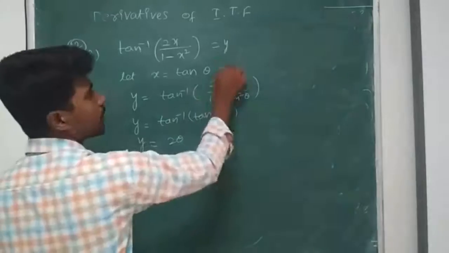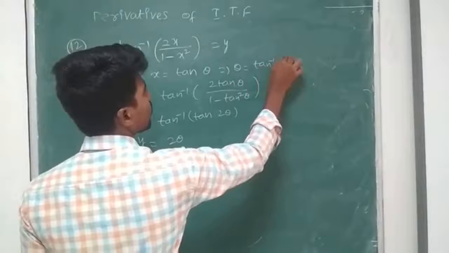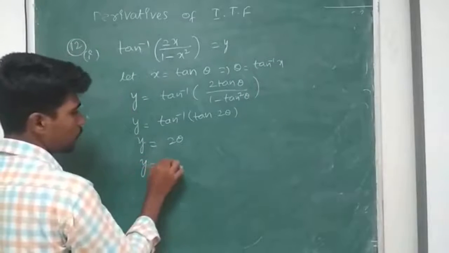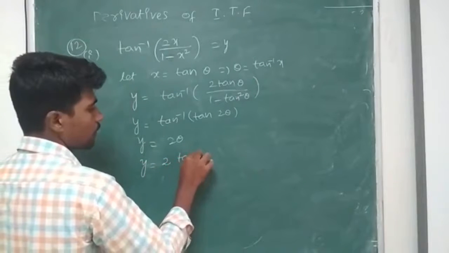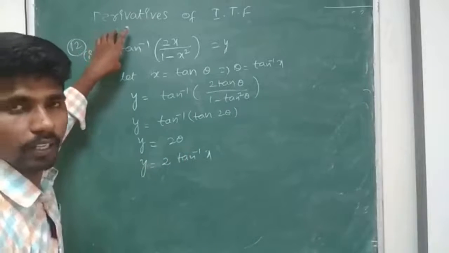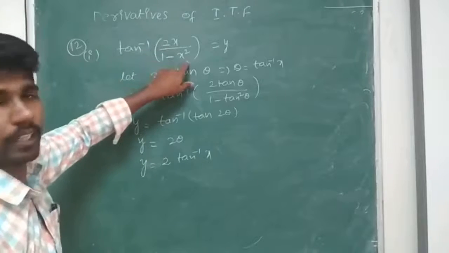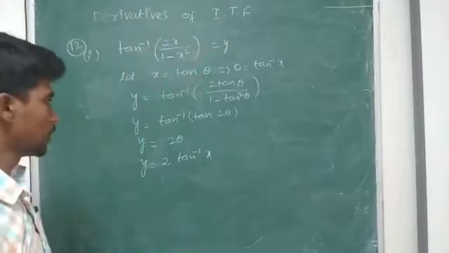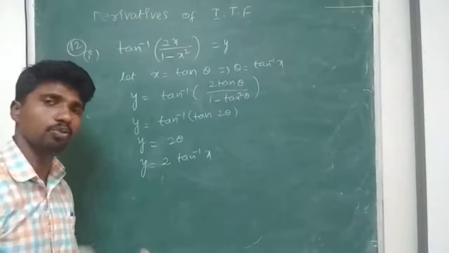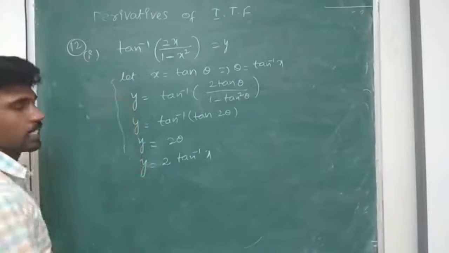What is theta from this? Theta is equal to tan inverse of x. So y is equal to 2 into tan inverse of x. It is the same formula we learned in inverse trigonometry: tan inverse of 2x by 1 minus x square can be rewritten as 2 tan inverse of x. Using the formula, we can avoid these many steps.